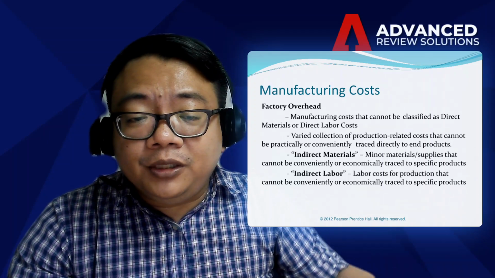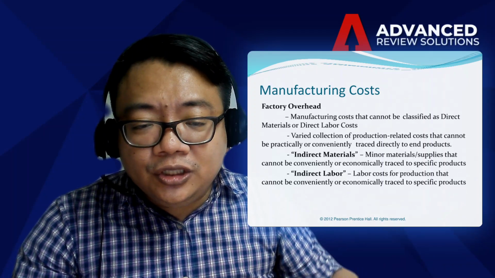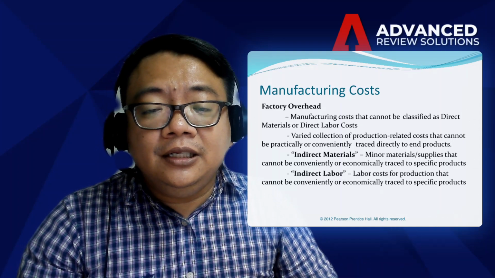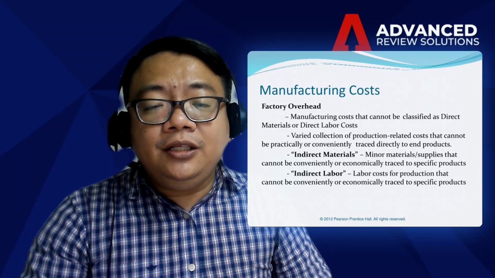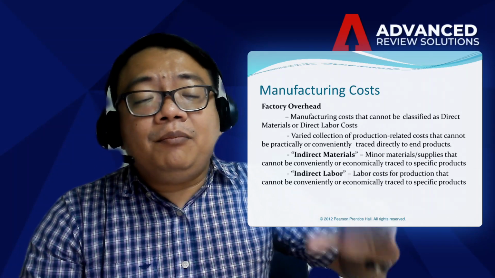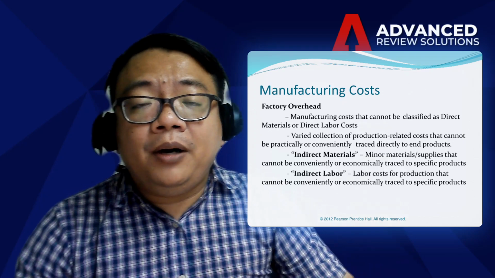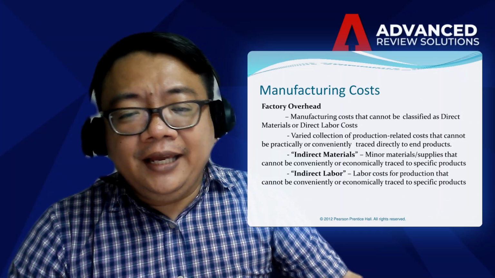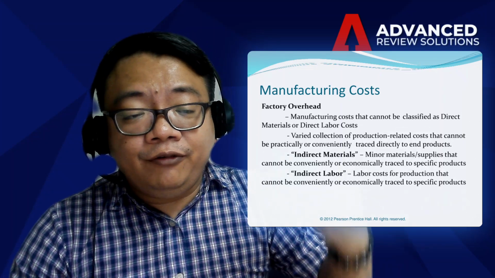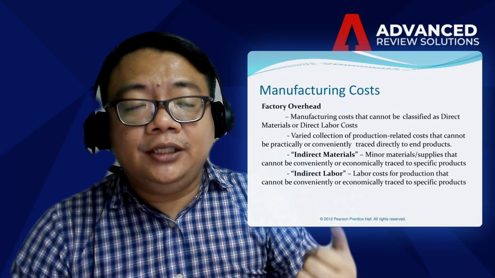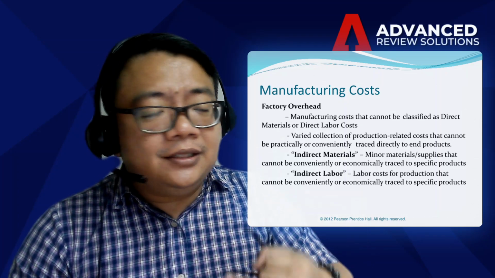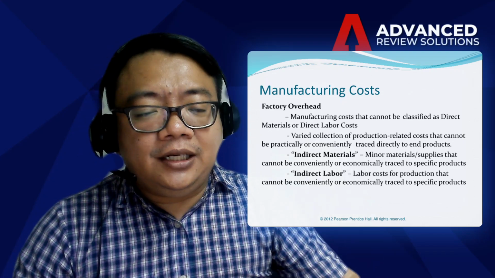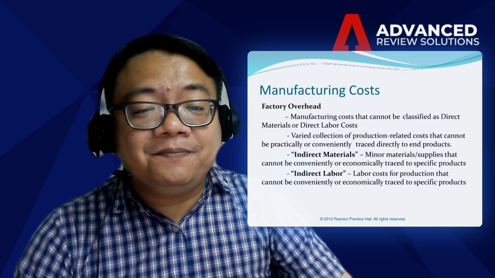Yes, they are part of production, pero hindi siya or cannot be conveniently and economically traced to the specific product. Ano yan? Indirect labor. Indirect materials, indirect labor, they are part of the factory overhead. Okay? And we have also other factory overhead, the depreciation, the rent expense, no? Supplies used in the production, etc., etc., as expense.